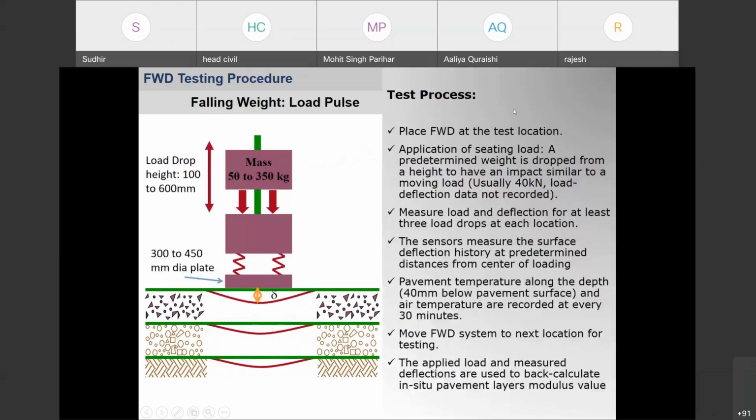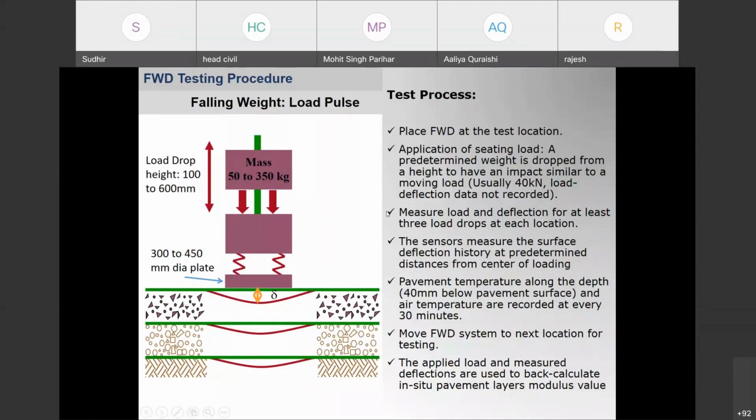So the test procedure will be as follows. You place the FWD machine at the point where you want to perform the test. You start with some seating loads, maybe 3 to 4 loads. During the seating load, you are not measuring the load and deflection. After the seating load, you start applying the actual test drops in which you will measure load and deflection.